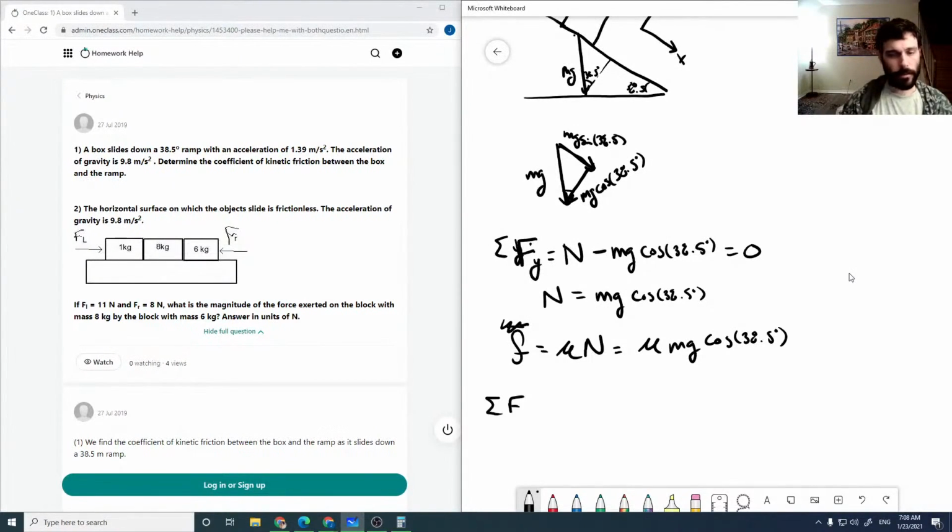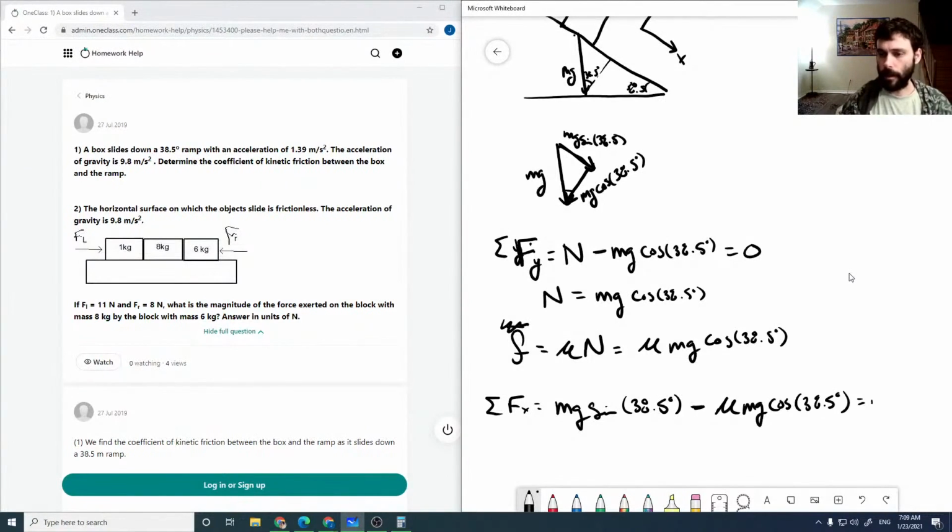Our sum of x forces, going in the positive x direction, is our mg sine 38.5. And we're going to subtract our friction, which is mu mg cosine of 38.5.